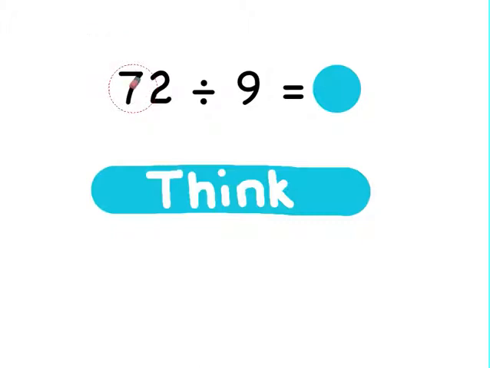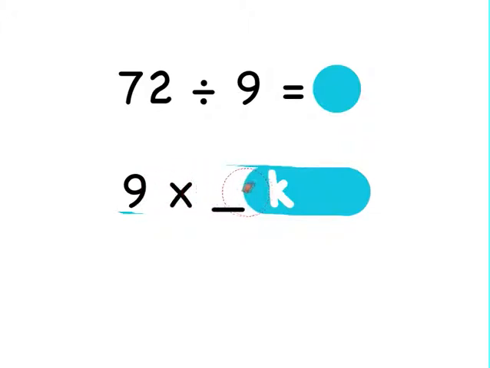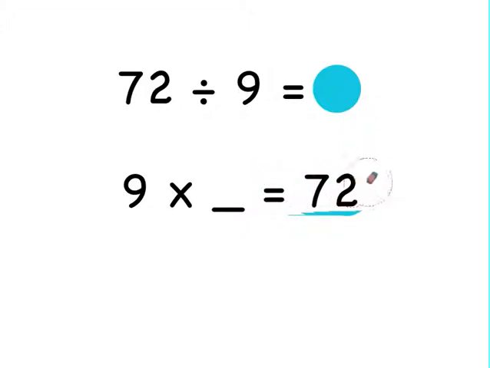All right, let's try another one. I bet you guys are getting better at this. 72 divided by 9. 72 divided by 9 equals what? What is under that blue circle? Well, I know what I'm going to think, right, everyone? We already got the hang of that. 9 times what equals 72?